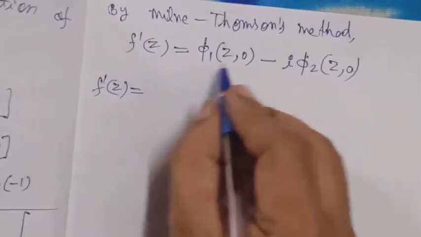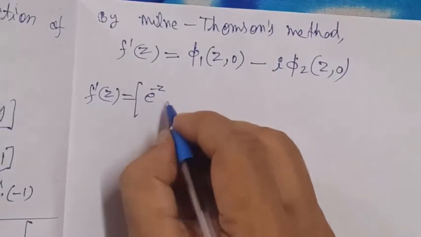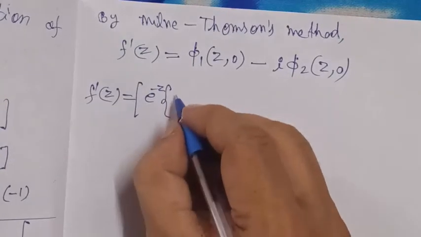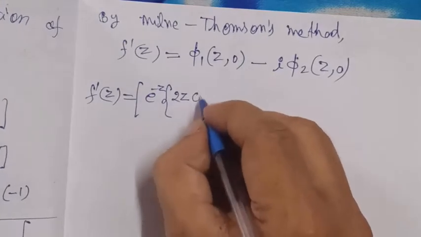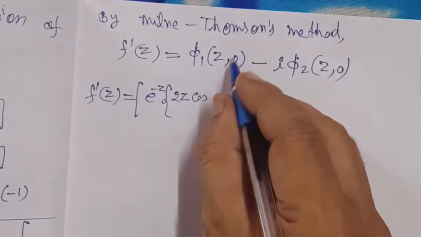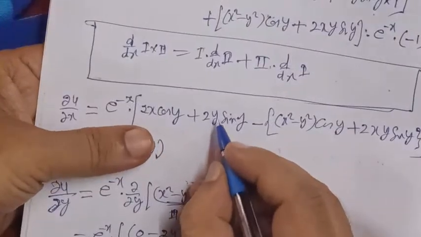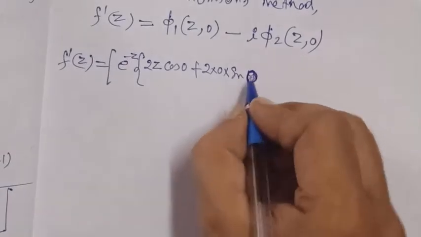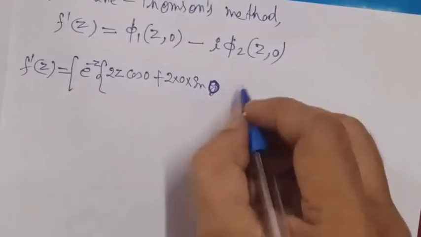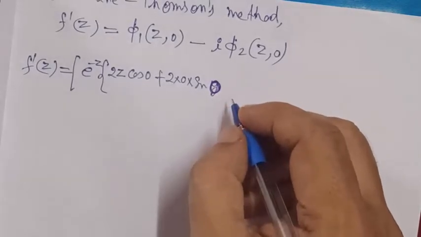We write here e^(-z), curly bracket, 2z in place of x, cos, put the value of y equal to 0, plus 2 into 0, we put 0 in place of y into sin y. You can put the direct value as 0, but I write whole values.